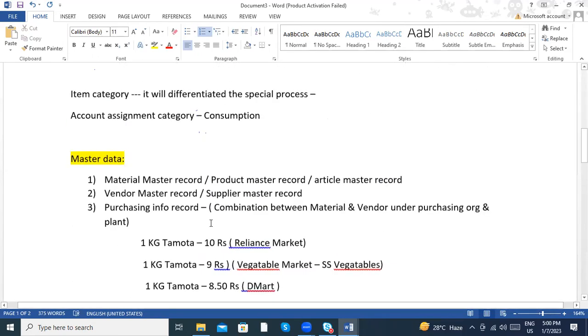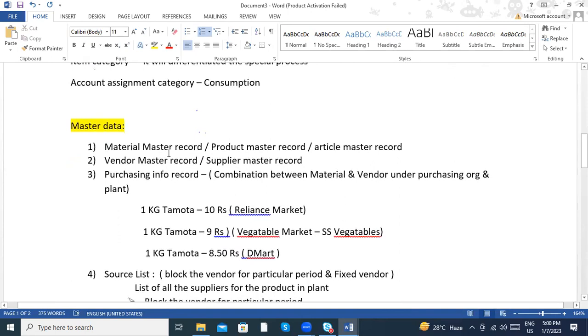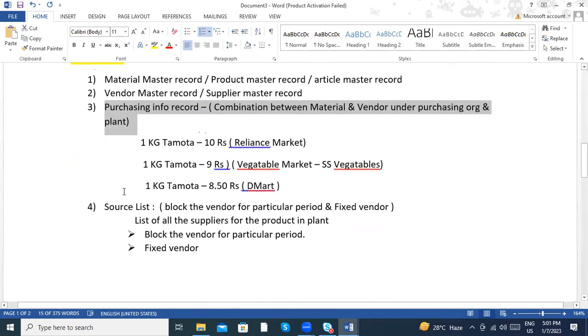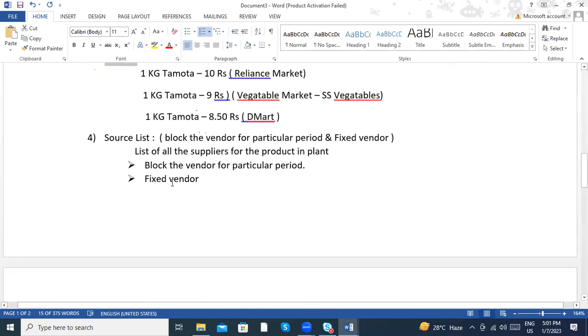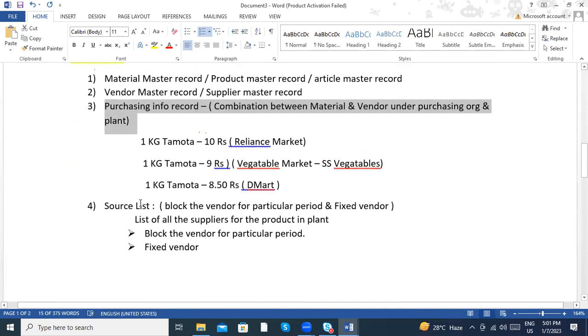Coming to the above, as of now I got the complete material information, the complete vendor information, and the combination information. We also got who wants to be blocked or who wants to go with a regular vendor out of these three.